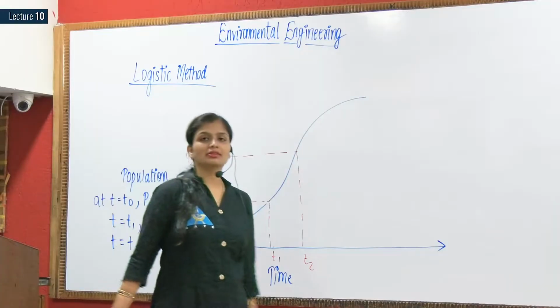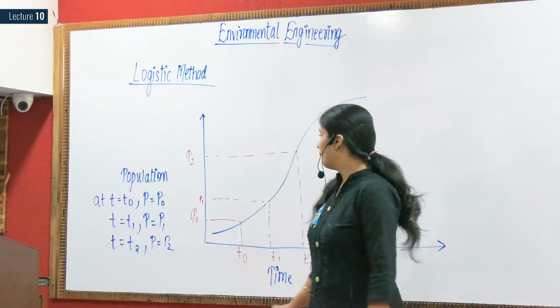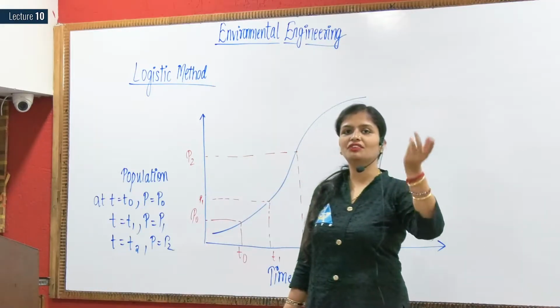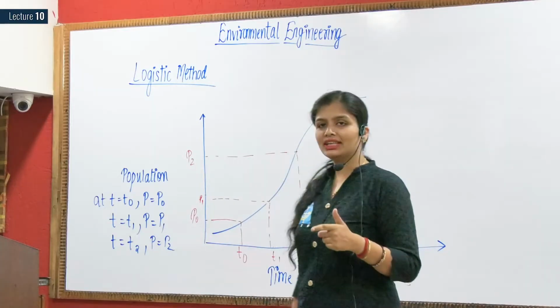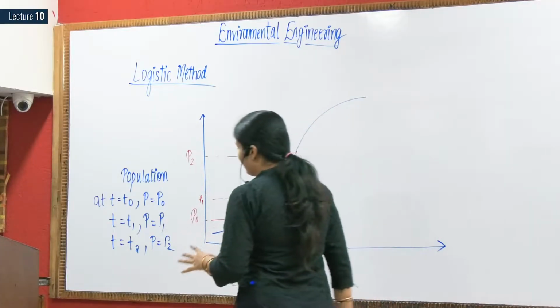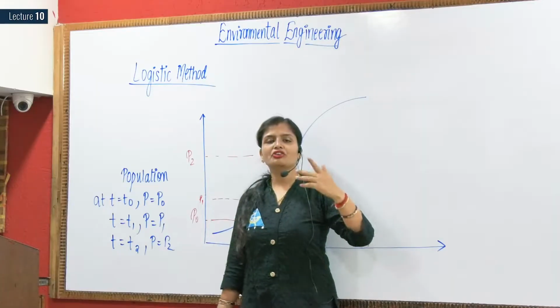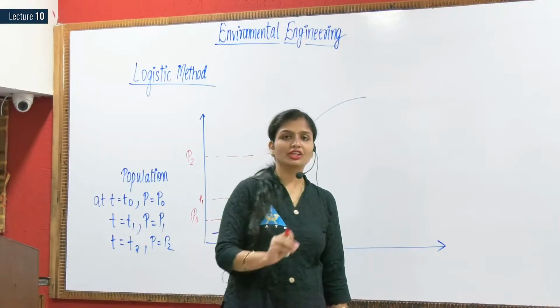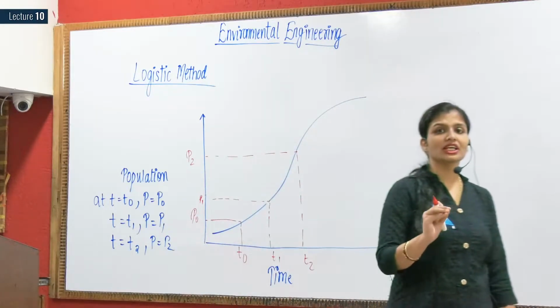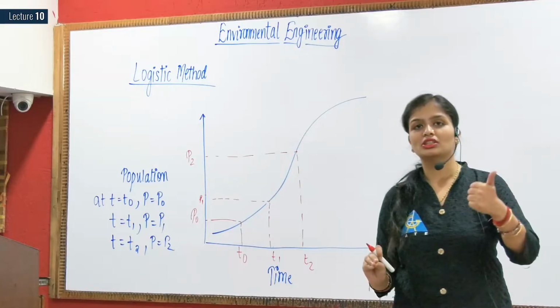Listen to this method very carefully, because there are some things which differ from the previous methods. In the previous methods, whenever you were doing calculations, you were doing from the last known decade.